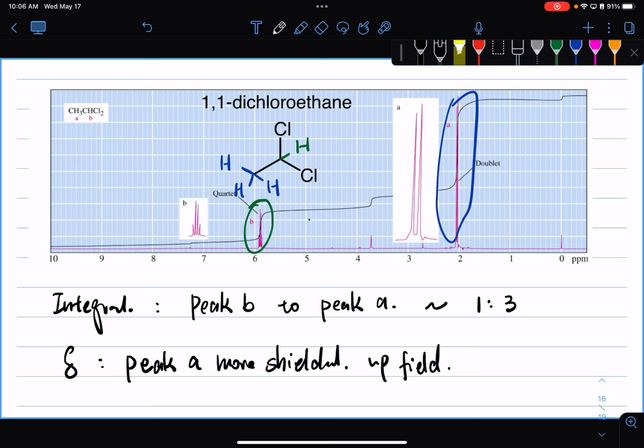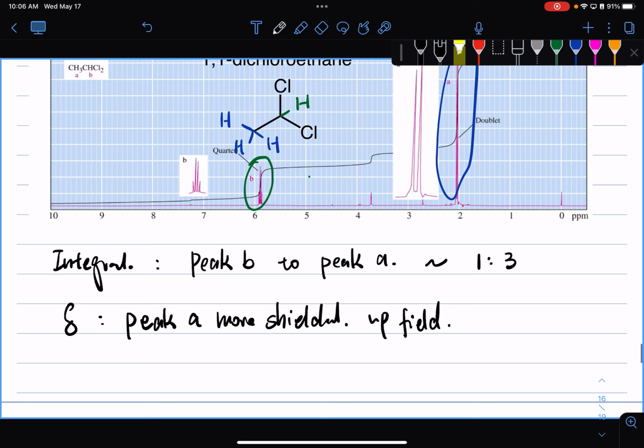That corresponds to my CH3 group here. While my peak B is more de-shielded by the electronegative chlorine atoms around it. So the chemical shift also tells us that my peak A is my methyl group, my CH3. My peak B is the hydrogen attached to the carbon with the 2 chlorines.